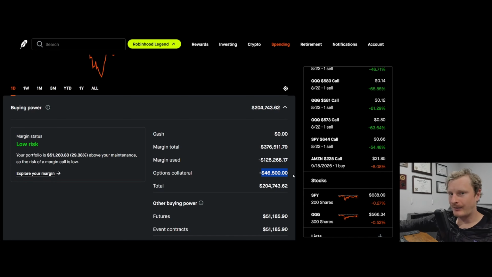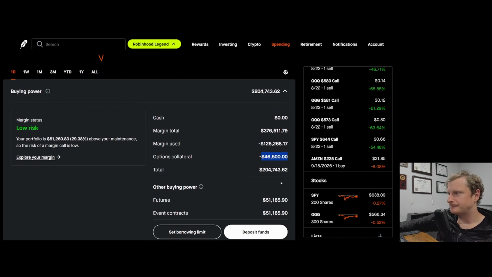So that's how I'm able to squeeze out more money in my account, because I'm able to run cash secured puts using Robinhood margin. And then unless it gets assigned and I buy the shares, I'm just making premium off of that cash secured put. So that's what I like to do to squeeze out more money from my portfolio.